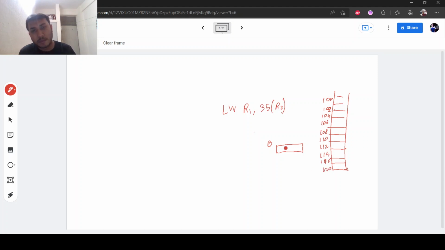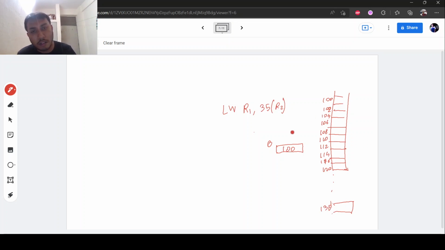Suppose the base address is 100, so this instruction says load the data from, suppose, this is the 135th location.